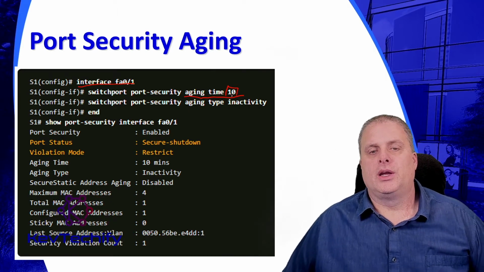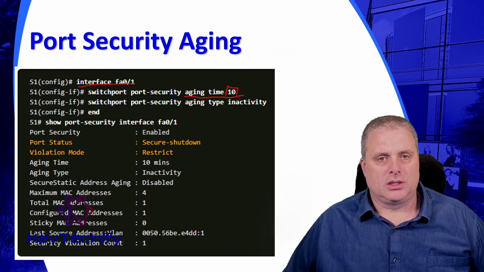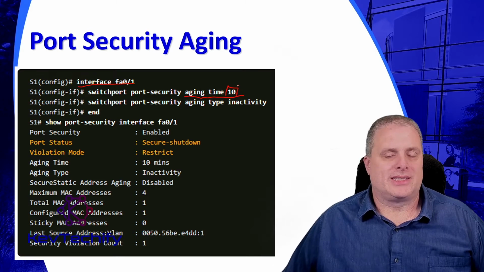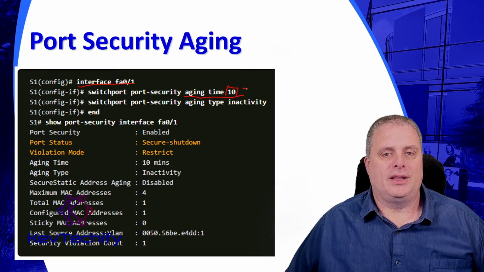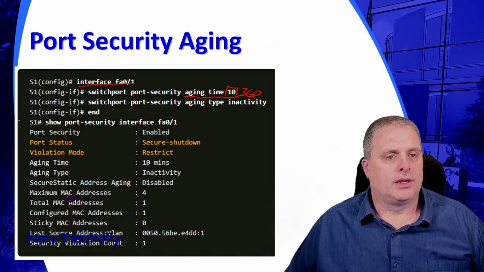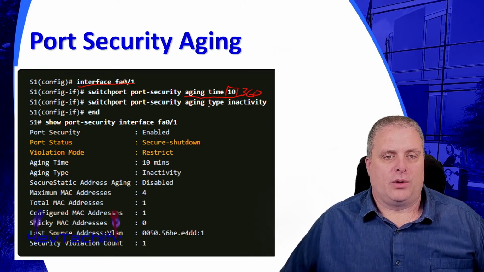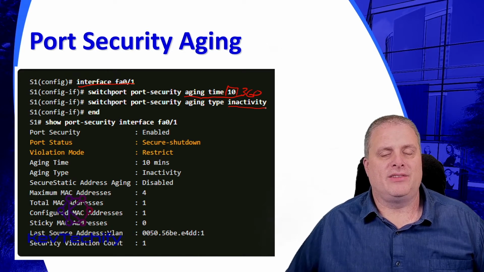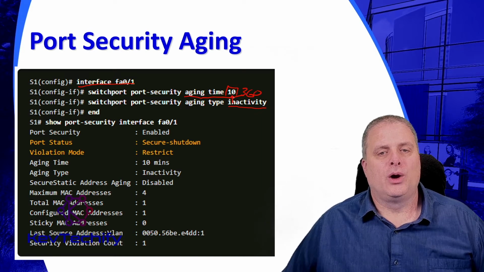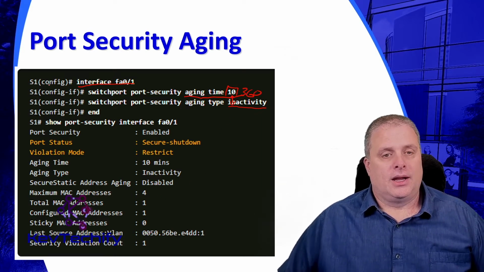If you want it to be 6 hours, that's 6 times 60, or 360 minutes, is what you'd have to put in there. Then we can say what type of aging we are. This is going to be inactivity. After 10 minutes of inactivity, we're going to delete that MAC address.